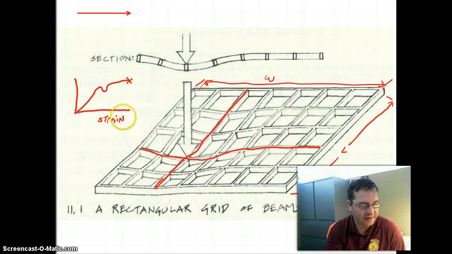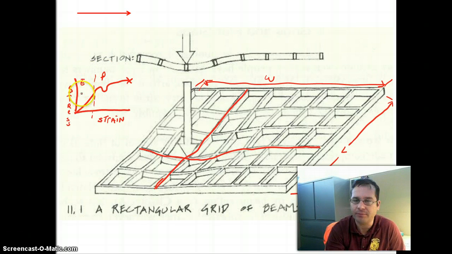It represented the extent to which the material was being stretched or compressed or bent. It was changing its shape in a way it didn't want to. And this was stress. This was basically proportional to the force developed in the material. And remember that we have these two regions on this graph. There's the elastic region over on the left side, and there's the plastic region over on the right side.